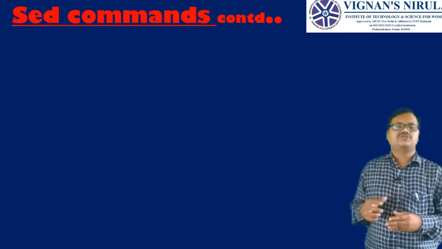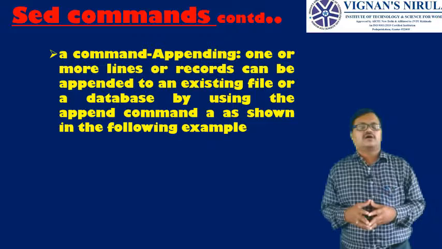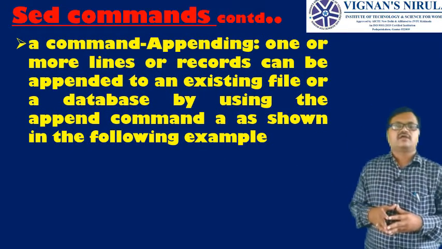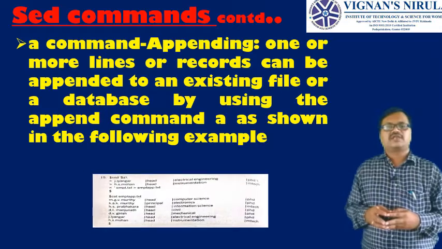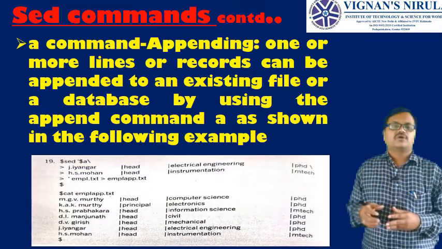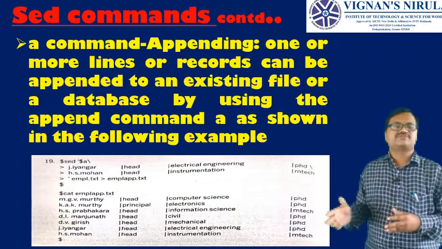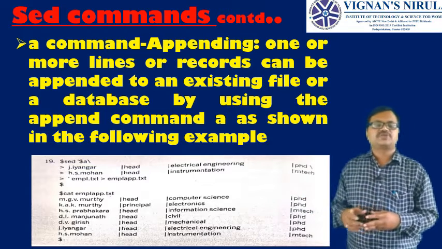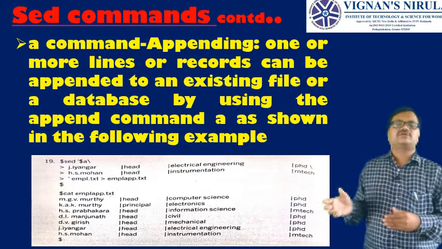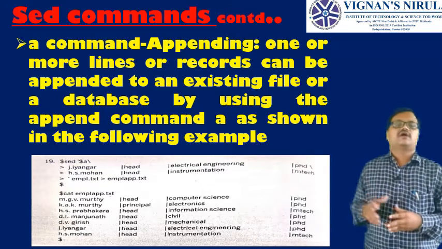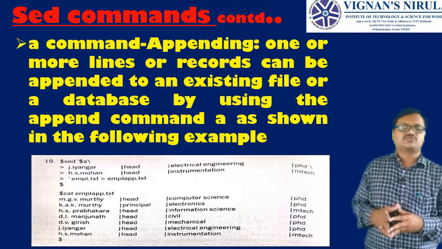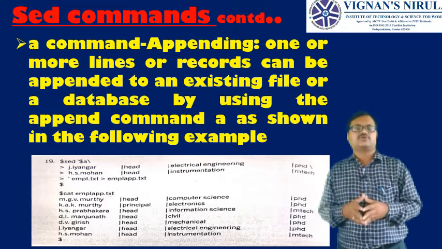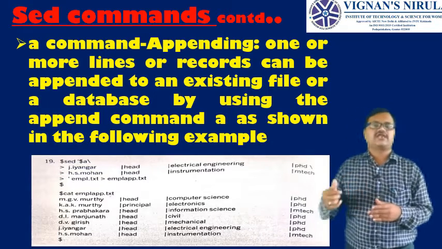You can add J Manjunath, head, electrical, PhD in the next line, and HS Mohan, head, instrumentation, MTech. Like that you can give the two lines and add them to empl.txt. These two lines will get added to empl.txt because dollar means at the end of the file.